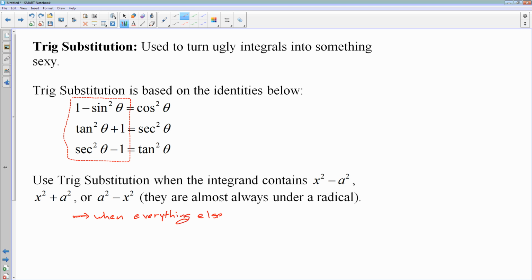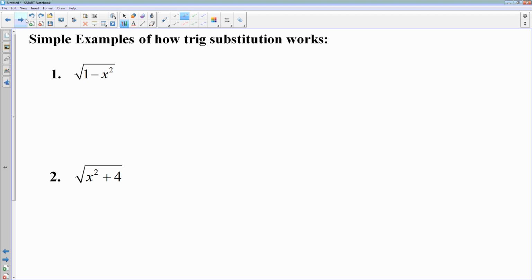So the way trig substitution works is when you have an integral that contains something like this. Now, I'm just looking at a small piece. This is not an antiderivative, but I just want to show you how it works. Let's say I work an antiderivative and I see 1 minus x squared under a square root.